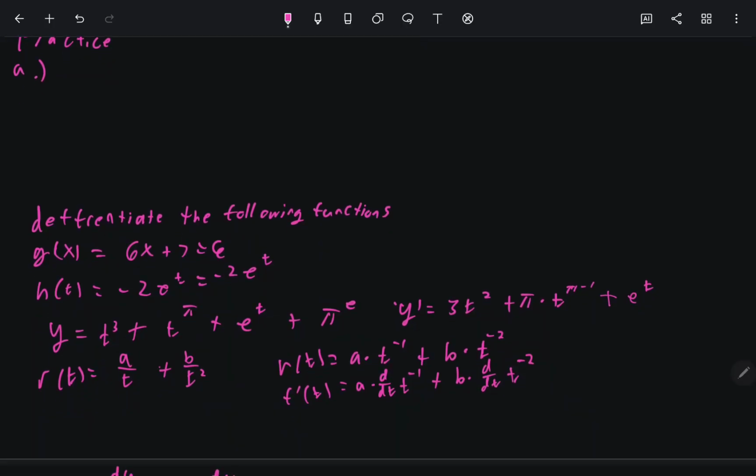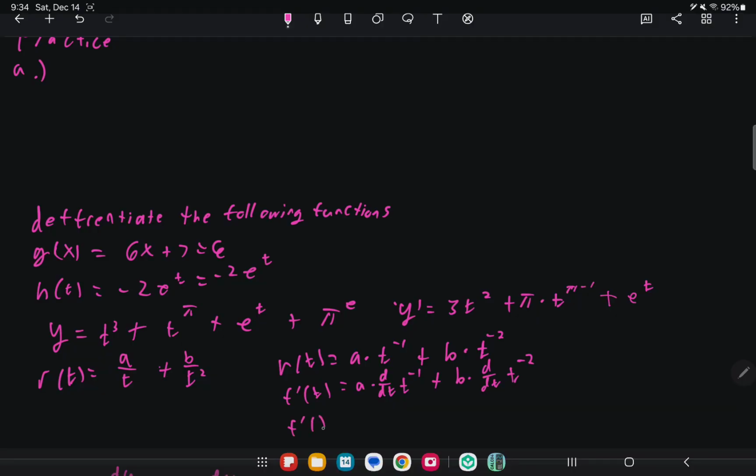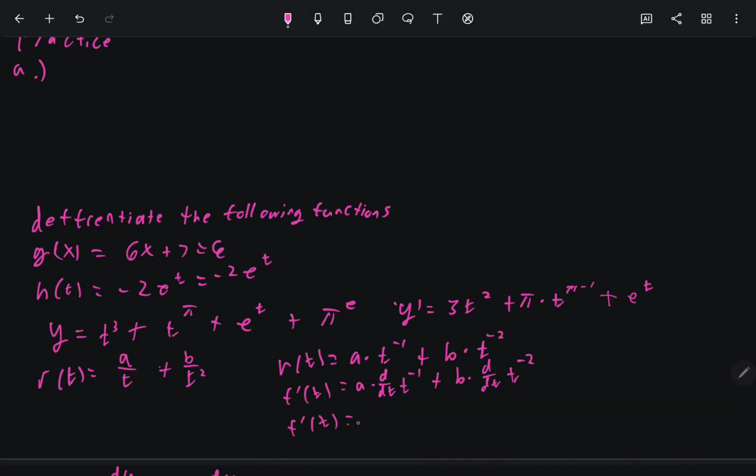Alright, so then we can now apply our rules. This first one, we're going to get negative a t to the negative 2 plus negative 2b t to the negative 3.